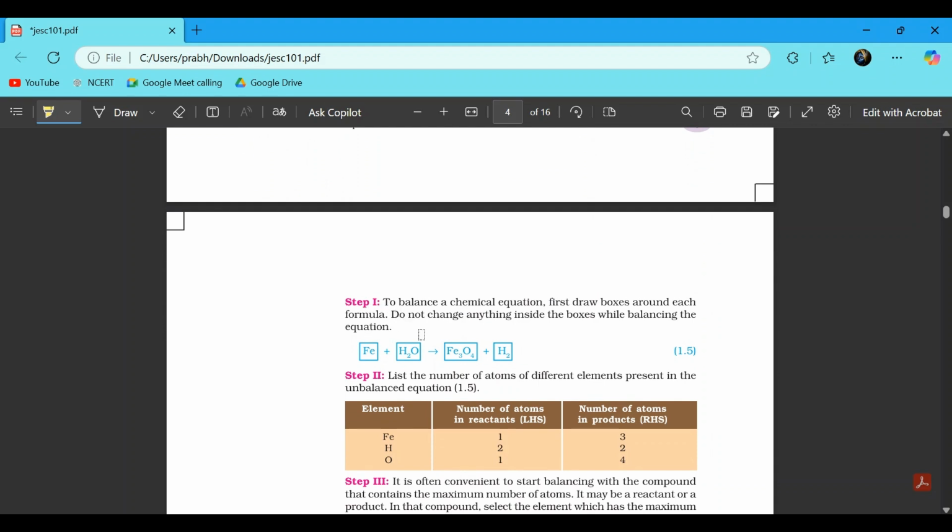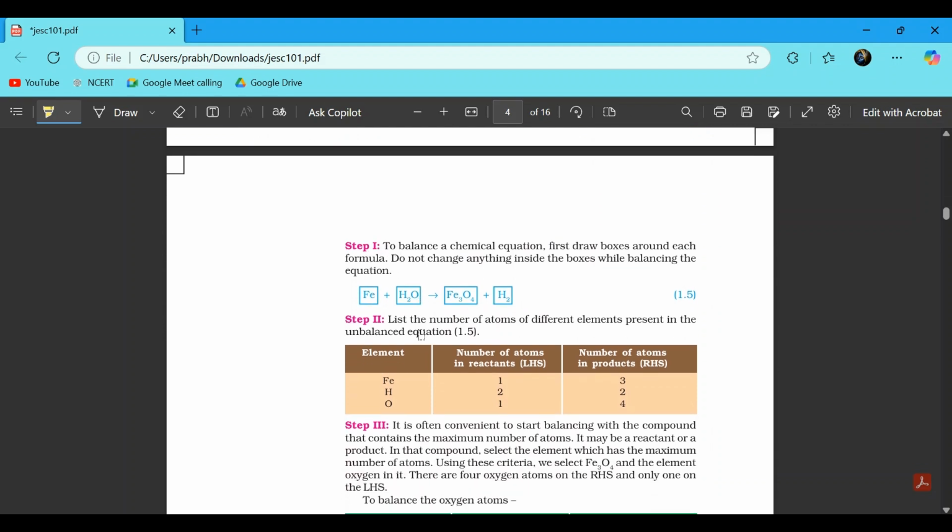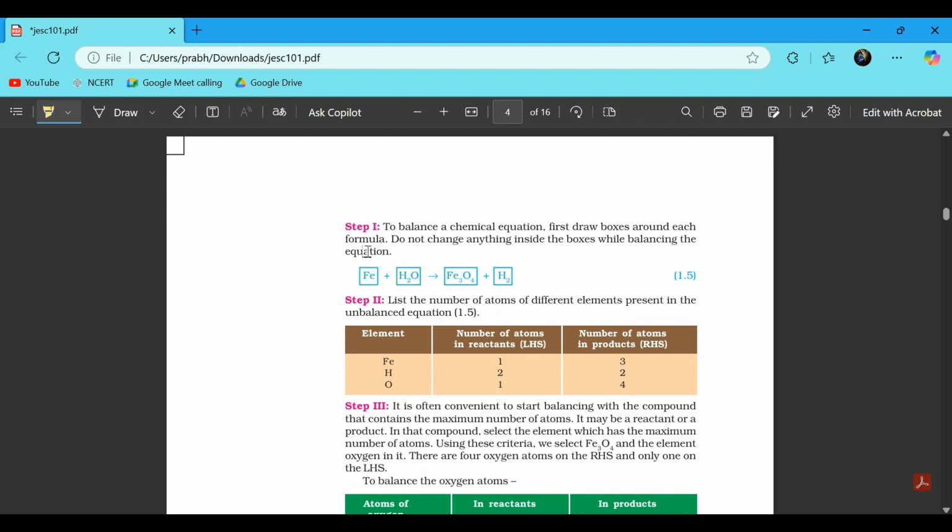So to balance this, firstly you write Fe, then H, then whatever elements are there. On the reactant side, Fe is one part, H2 is two parts, and oxygen is one part. Now you have to write the product part: this is three parts, this is two parts, this is four parts.